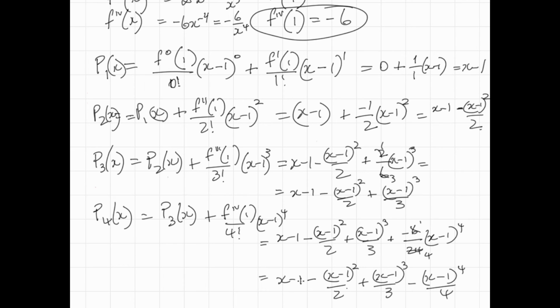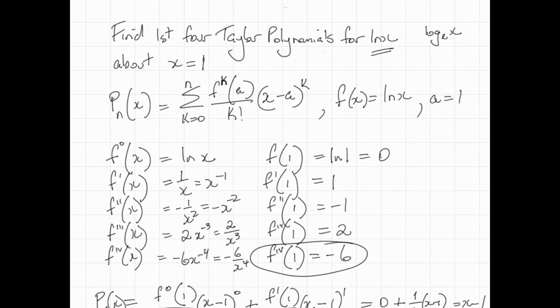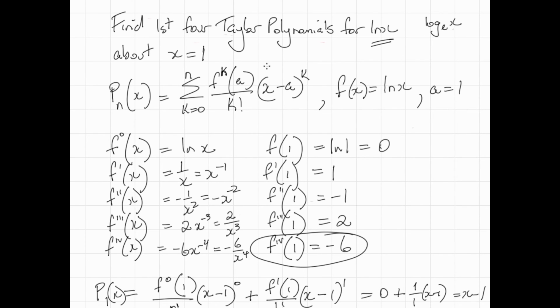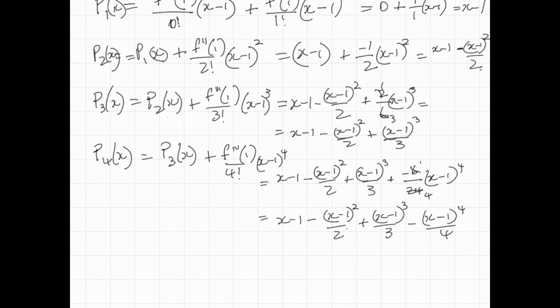If you like, that's x minus 1 over 1. So there's our first 4 Taylor polynomials, which is what the question asked us to do. Find the first 4 Taylor polynomials at x equals 1. And there they all are.